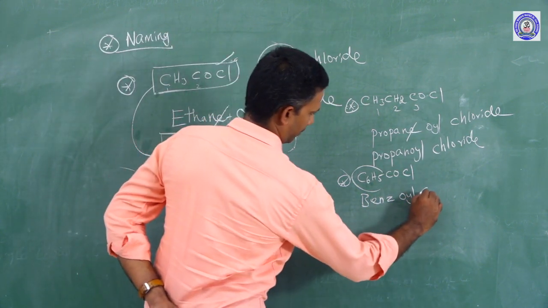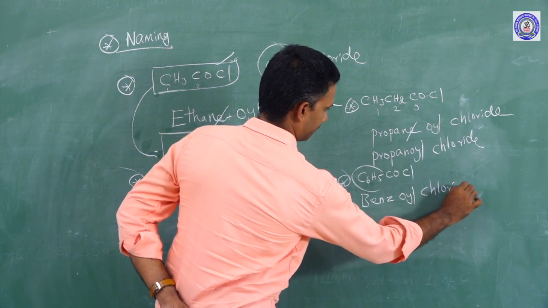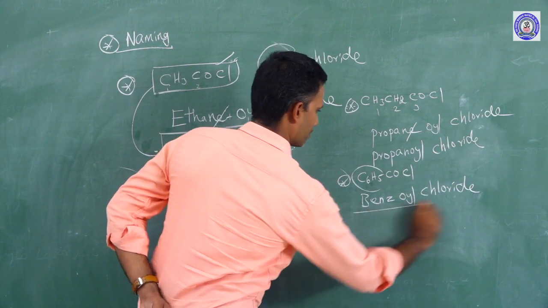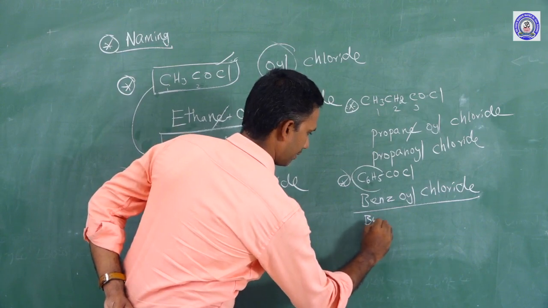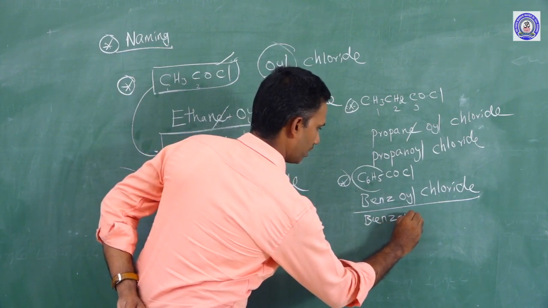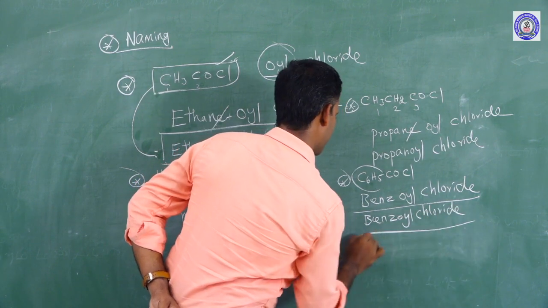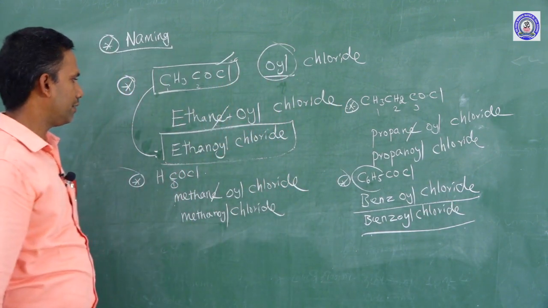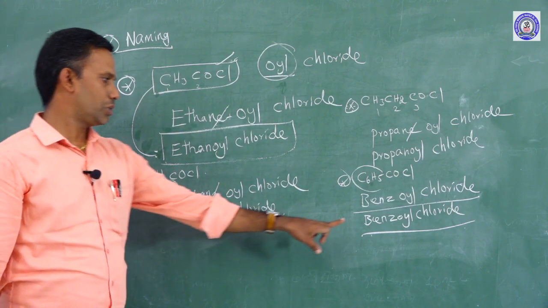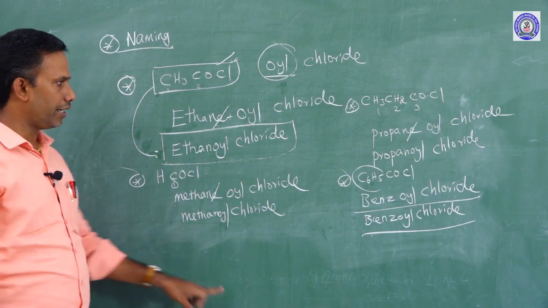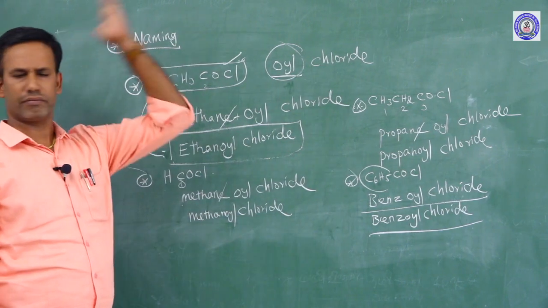Benzoyl chloride. So if you add that, benzoyl chloride. The common name and IUPAC name are the same for benzoyl chloride. Ethanoyl chloride, benzoyl chloride, methanoyl chloride, propanoyl chloride, it goes on and on.